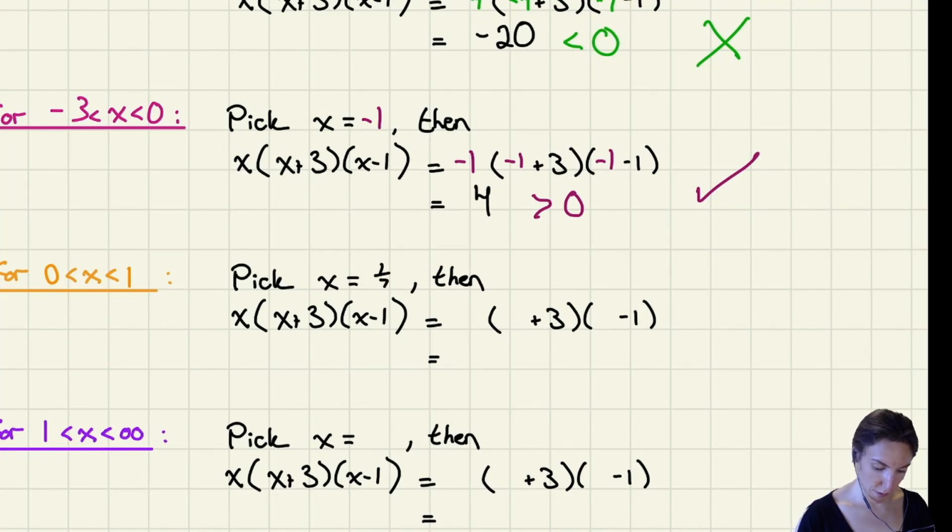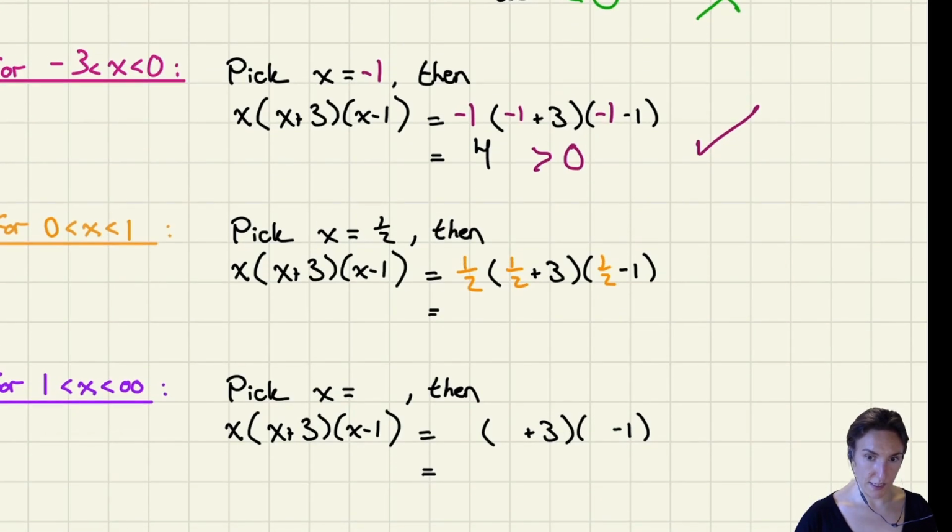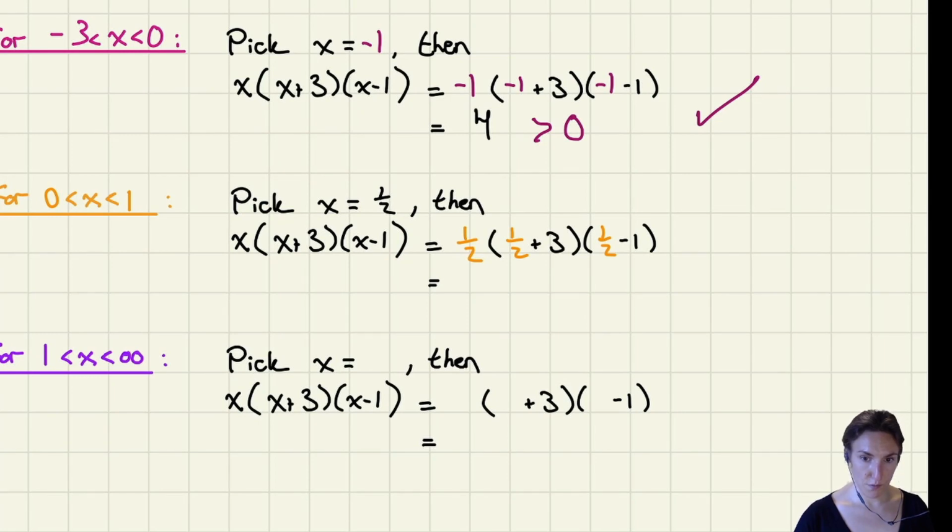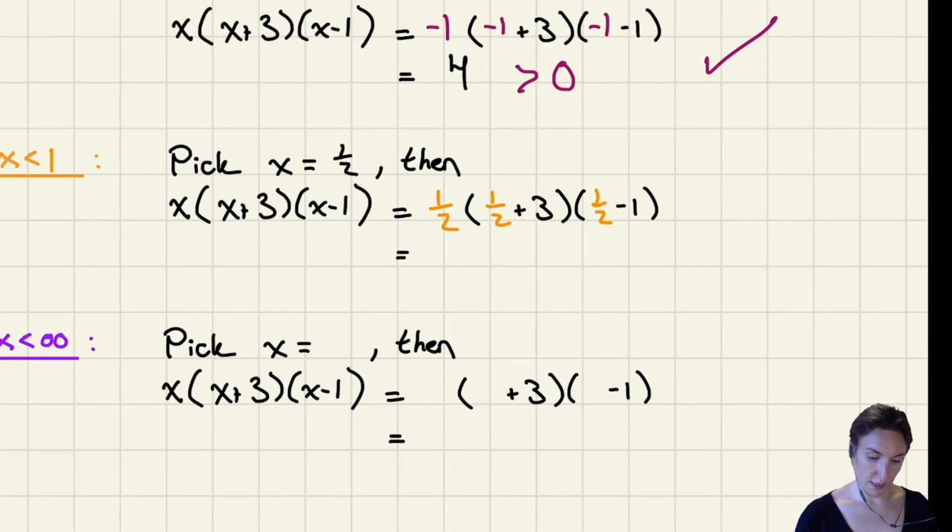You can pick whatever you want, but to me that seemed like the easiest one to use. A half, a half, a half. If you multiply those things out, you have to find a common denominator. So for this one, you're going to have to go times 2 divided by 2 times 2 divided by 2. If you multiply it out, you should end up getting negative 7 over 24. But this is a problem. Less than 0, we don't want that.